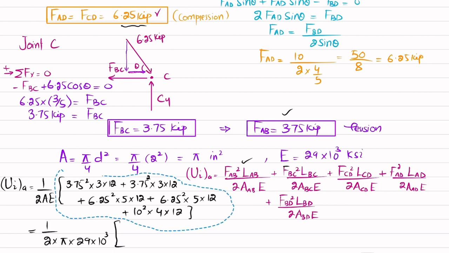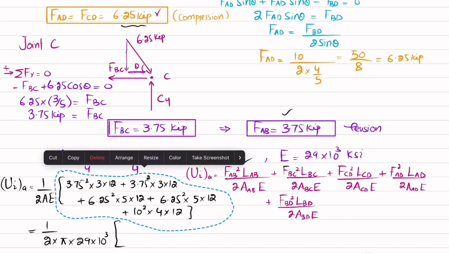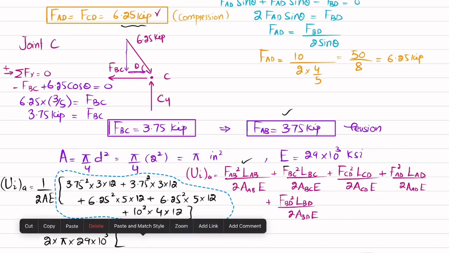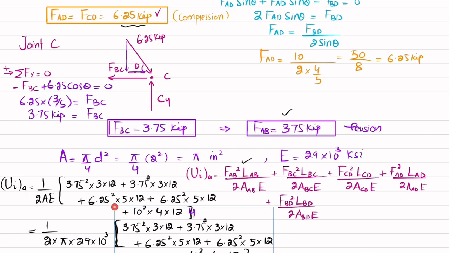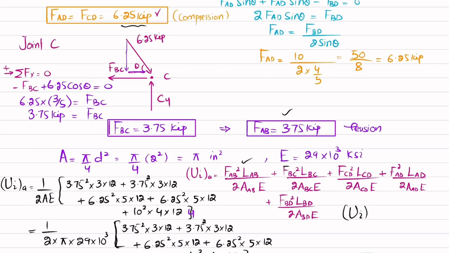I will copy it and I will paste it over here. Clear? Okay. Now, when you solve this, you will get strain energy due to axial loading will be equal to 0.0576 kip into inch. So this is the amount of energy that will be stored in this truss.